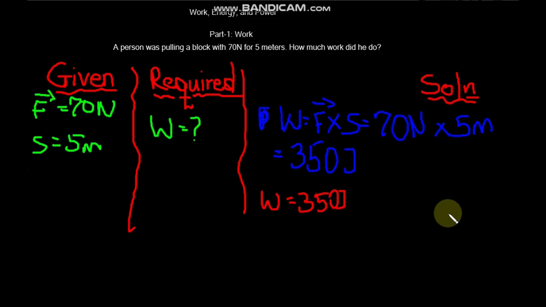I'm going to add 2 more questions. So the question is, a woman had a work done of 600 joules. She applied a force of 25 newtons. How far did she go? I just gave you the formula. You just have to substitute some of the physical quantities. So try to do this question by pausing it, and then I'm going to tell you how to answer it.